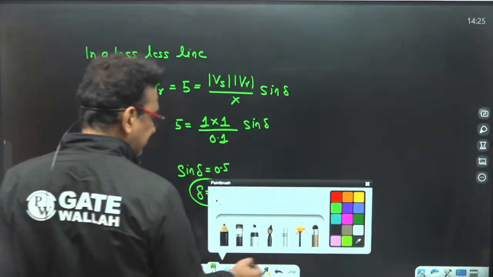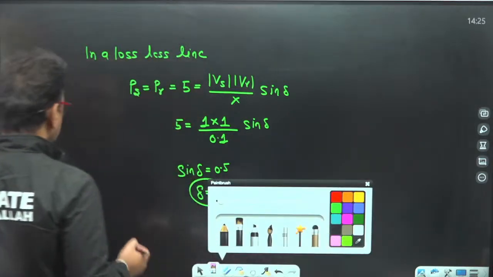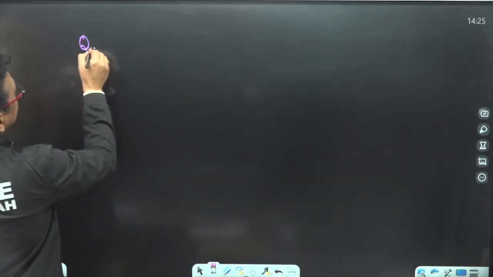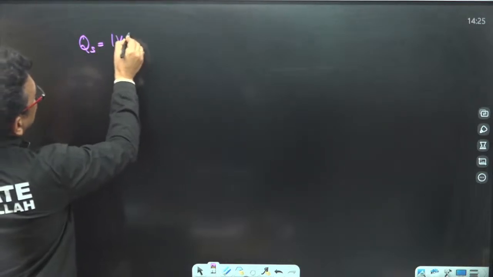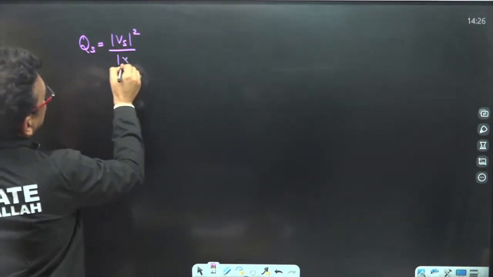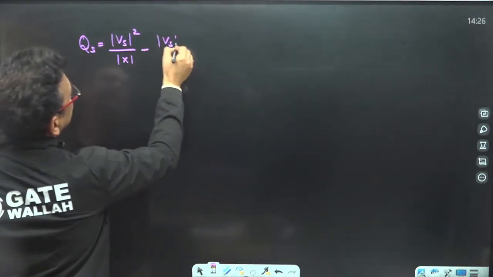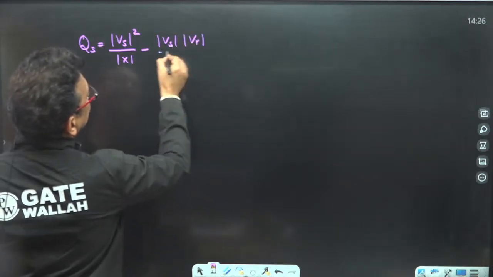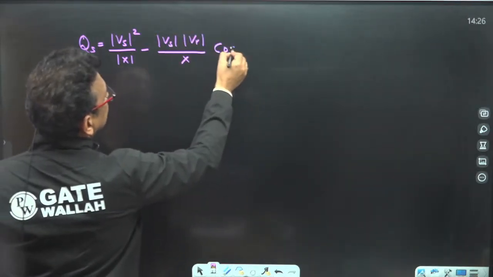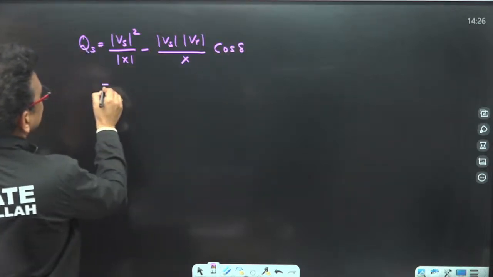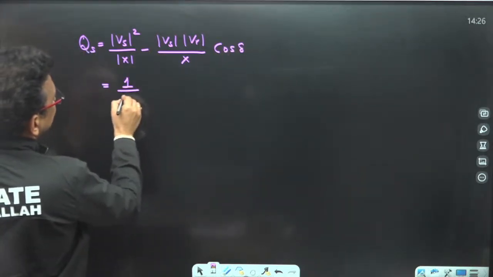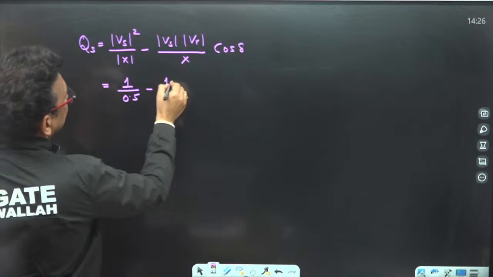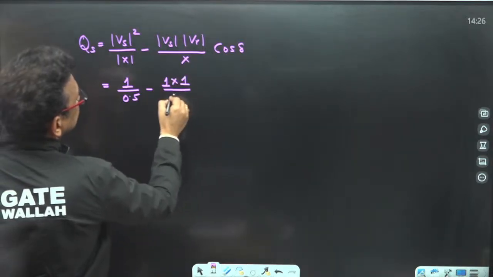Now come to the reactive power, QS. What is the formula of reactive power at the sending end? It is Vs square upon X minus Vs Vr upon X into cos delta. So Vs is 1, 1 into 1, over 0.5.